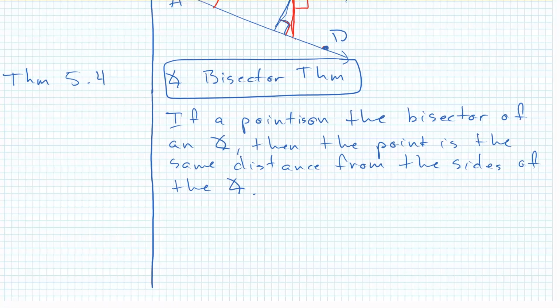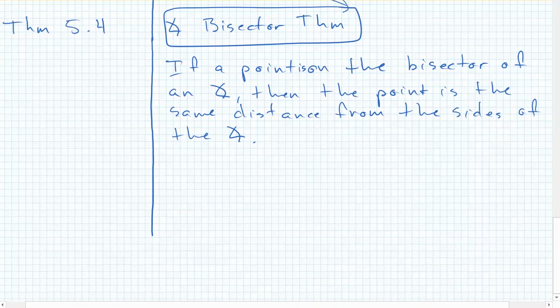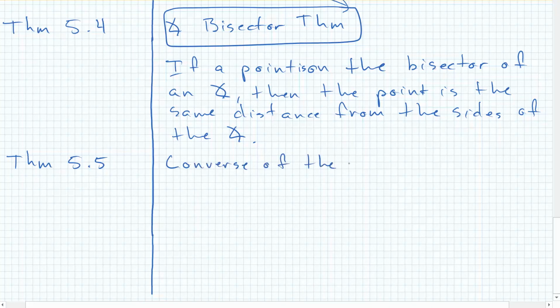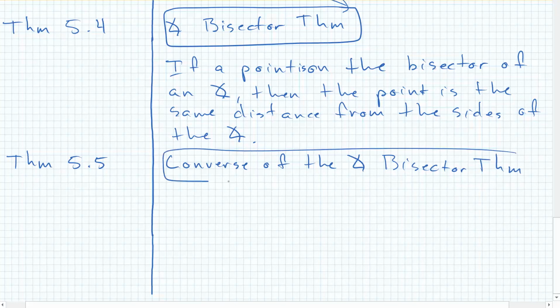5.5, like I said earlier, is going to be the other half of this pair of theorems. And it's the converse of the angle bisector theorem. And this is going to be pretty much the exact opposite.